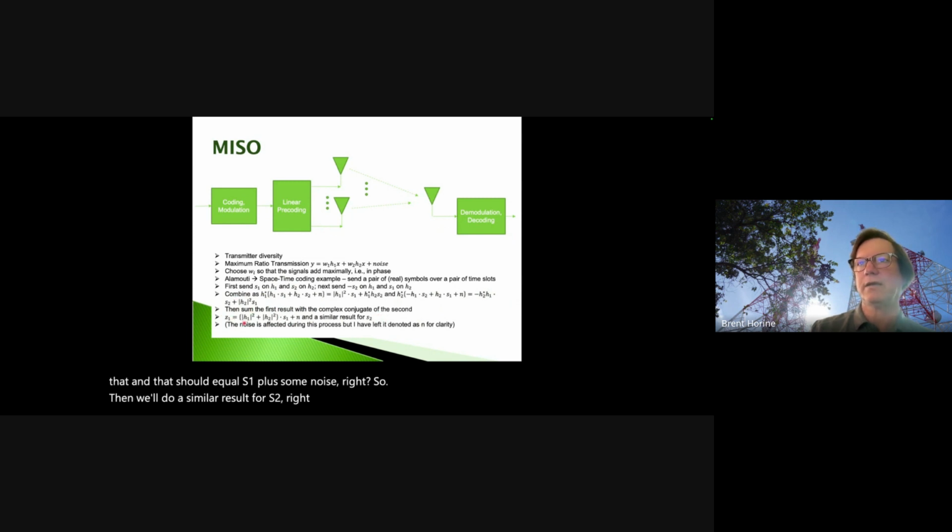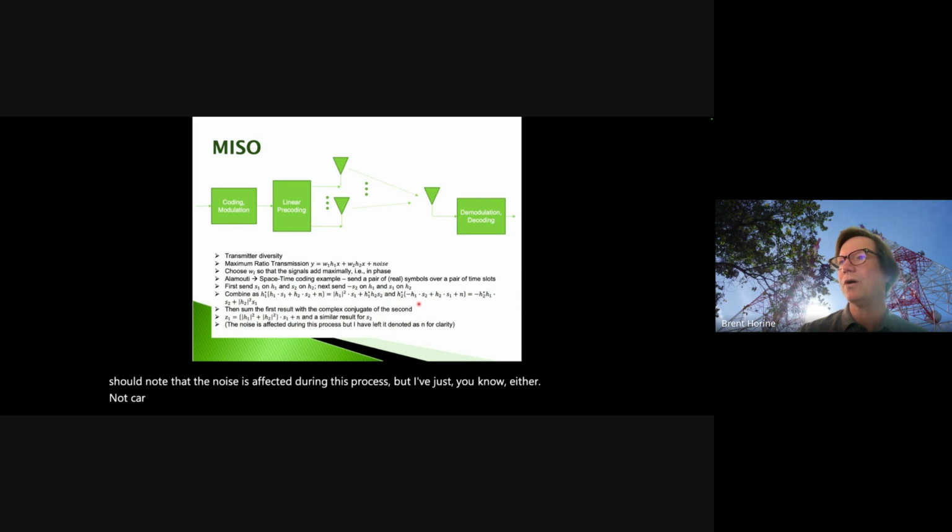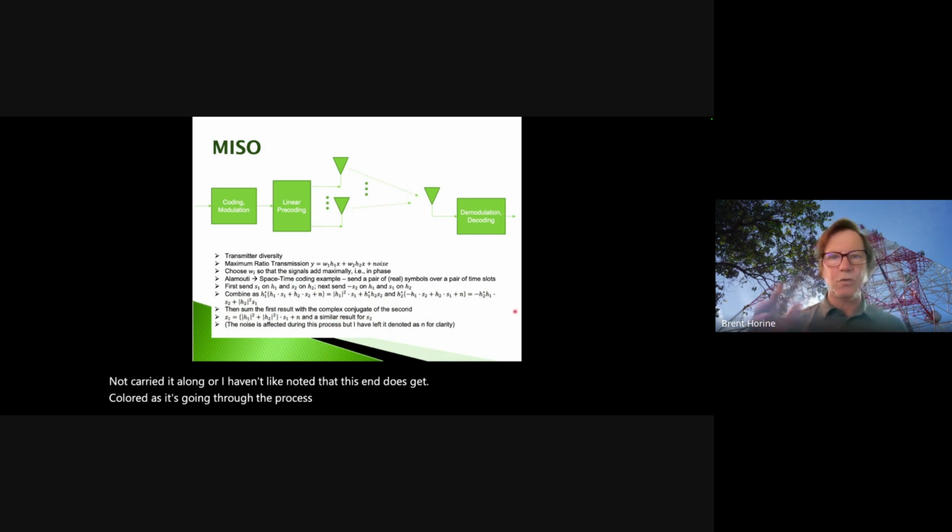So you get a kind of a parallel type relationship there. So should note that the noise is affected during this process, but I've just either not carried it along, or I haven't noted that this N does get colored as it's going through the process, right? So it's no longer white.